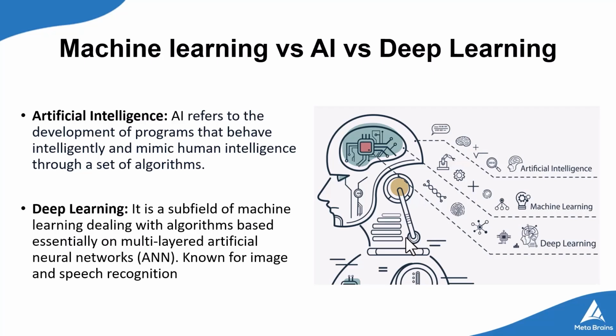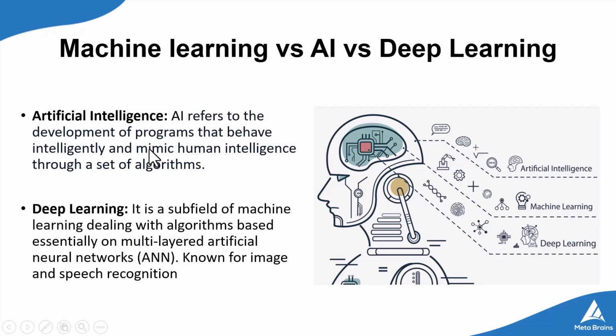For instance, while artificial intelligence works to enable machines to think and make decisions just as a human would, machine learning trains machines to improve outcomes without explicit programming.